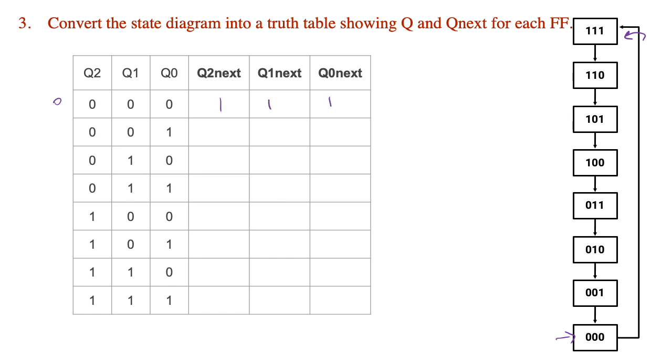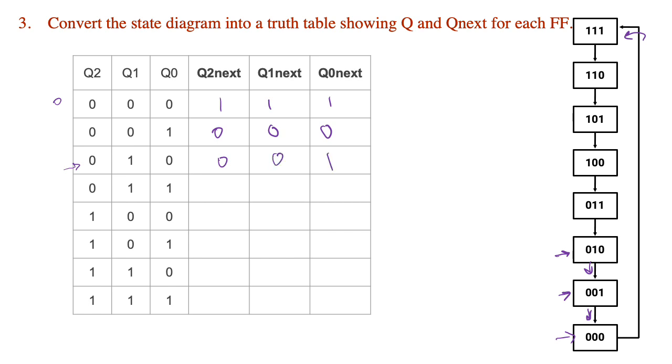And then if the current state is 1, 0, 0, 1, which is here, then that means the next state is supposed to be 0, 0, 0. If the current state is 0, 1, 0, which is here, then the next state should be 0, 0, 1.